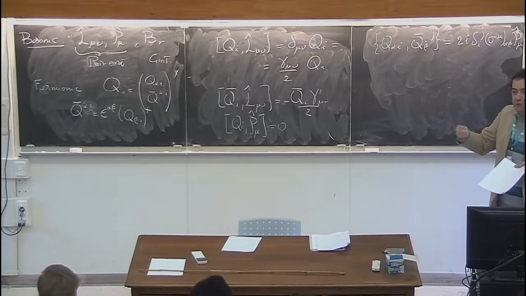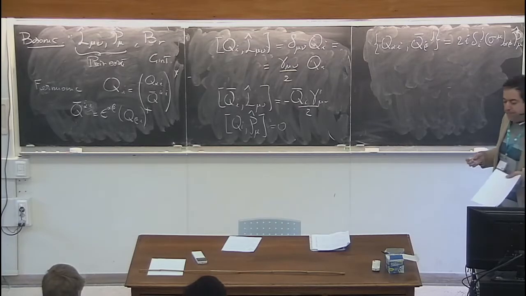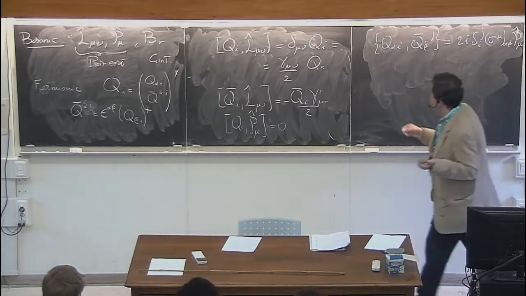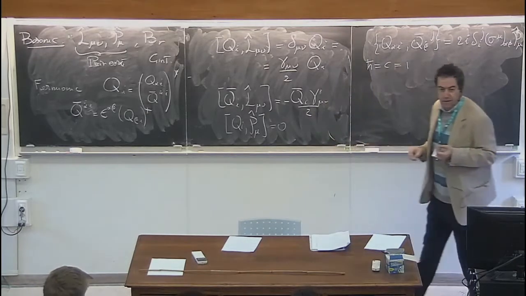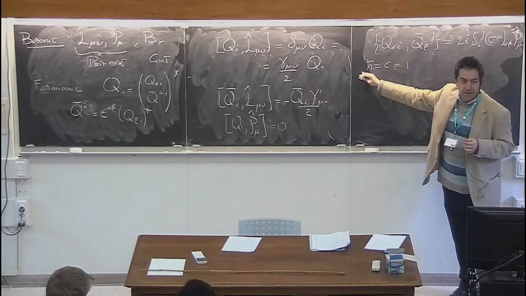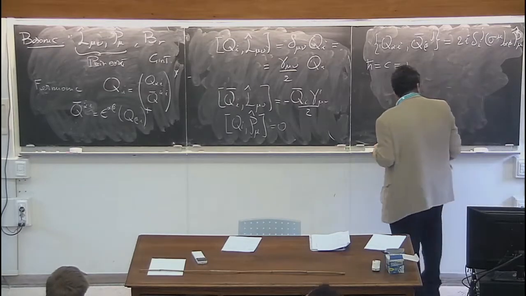It is related to the 4 momentum generator by an IH. Actually, now we are using HC equal 1. From now on, we stick to the natural units, in which H is equal to C is equal to 1. You should be familiar with this.